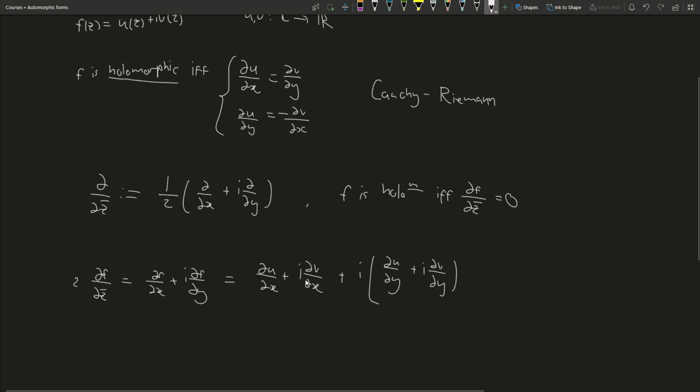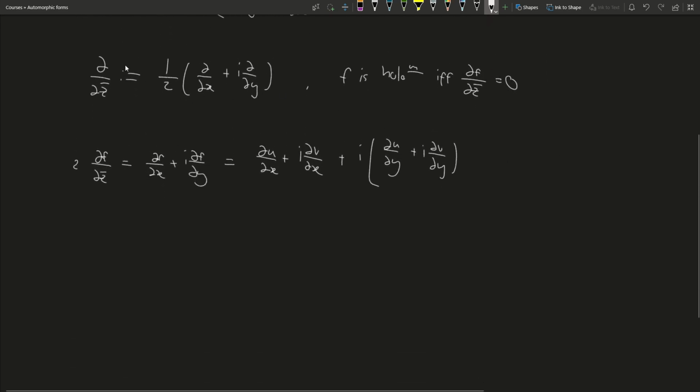All of these 4 individual terms without the i's, they're all real. So we can just look at the real and imaginary parts of this expression here. And if we want this entire expression to be 0, both the real part and the imaginary part have to be 0. And from that, we recover the Cauchy-Riemann equations.